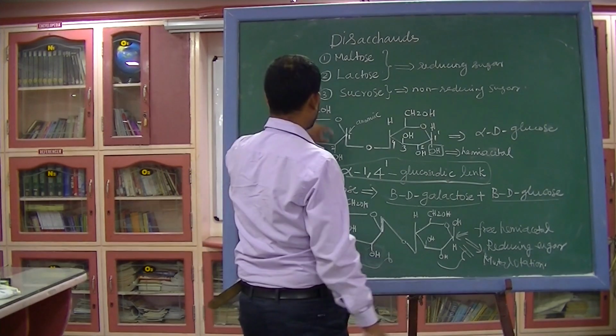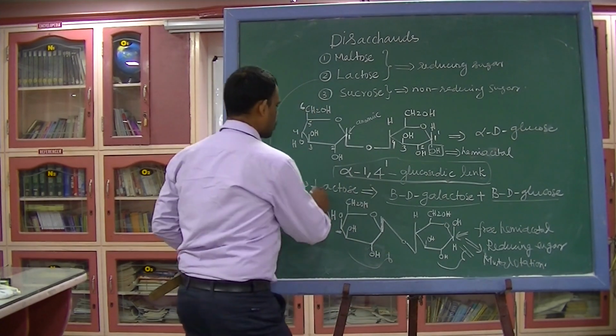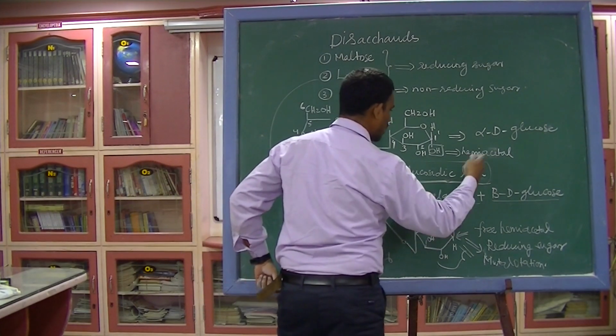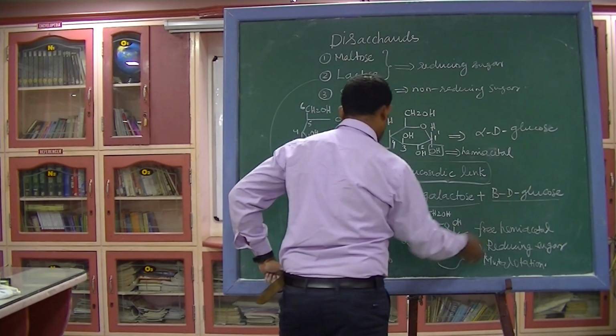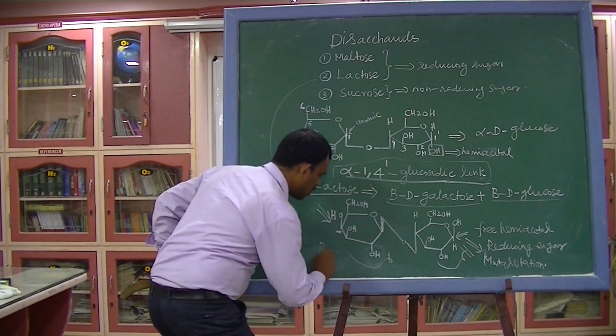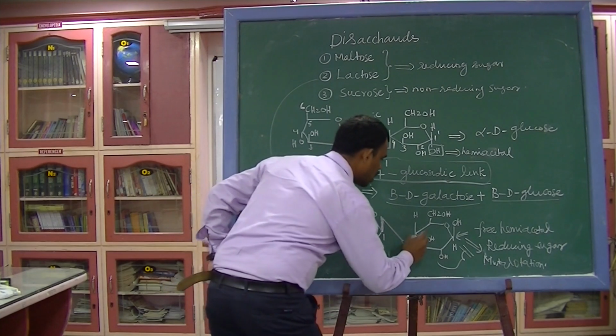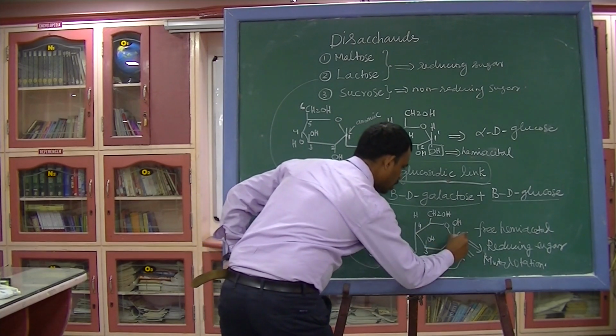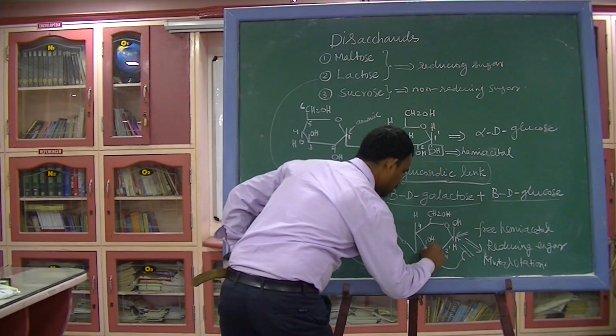So this is the structure of lactose. You have two units, one is beta D galactose and the other is beta D glucose. Now look at this linkage. This is a beta. This is carbon number 1, here is carbon number 4, am I right? This is 1, 2, 3, then 1 prime, 2 prime, 3 prime and 4 prime.